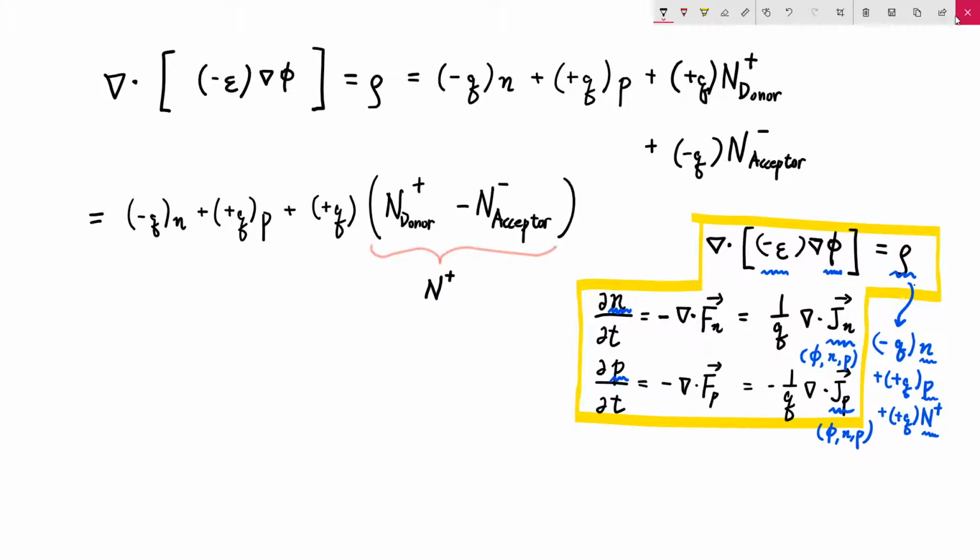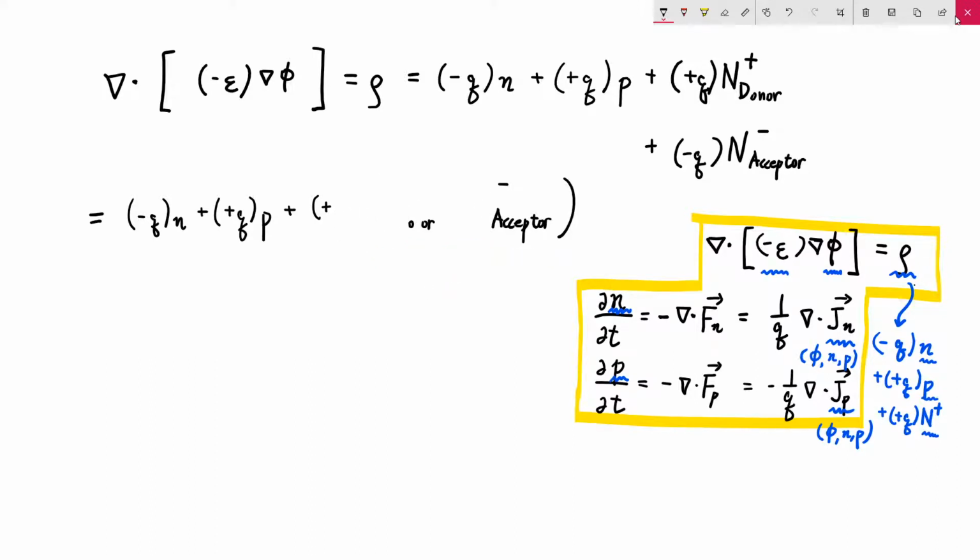But here, when I say n plus, it corresponds to the difference between donor density and acceptor density. So of course, in an n-type region, n plus will be a positive number, and in a p-type region, we will have a negative number. Okay, thank you for the good question.